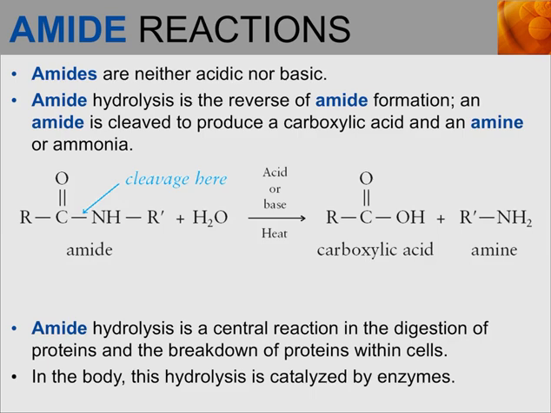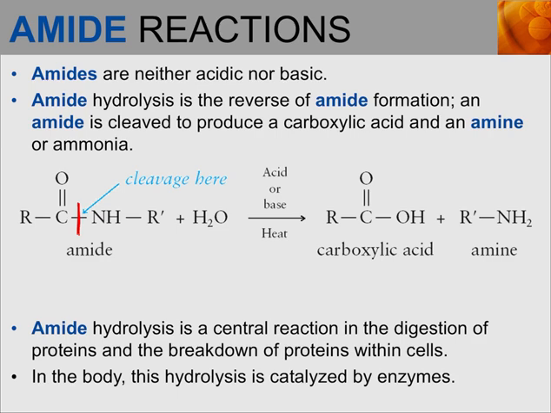Now, amides can also go through their own reactions. So amides are not acidic or basic, but one reaction we can perform with amides is hydrolysis. So this is just the reverse of amide formation, similar to when we talked about esterification and ester hydrolysis. They were just the reverse of each other. So in amide hydrolysis, what we're going to do is cleave or break the bond between the carbonyl carbon and the nitrogen on the amide.